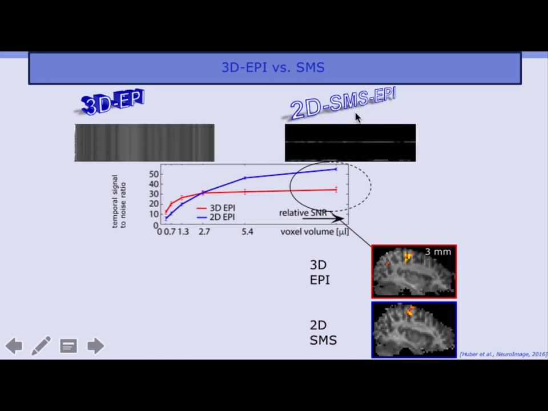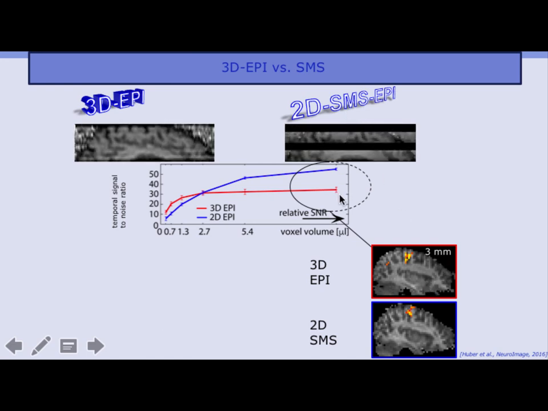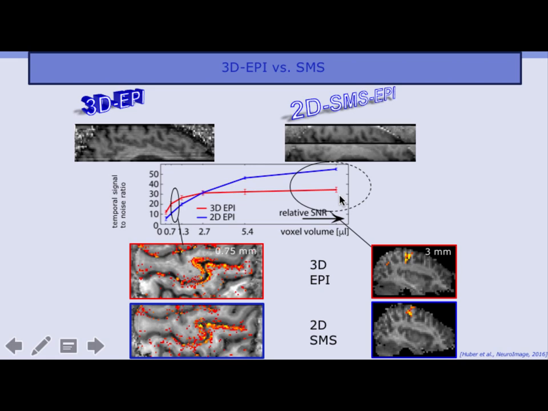And there, SMS seems to be better than 3D EPI. At very, very high resolution, we are much more in the thermal noise-dominated regime, meaning that most of the fluctuations are actually coming from the detector, from the scanner itself. And there, 3D EPI seems to be better than 2D SMS. And you can nicely distinguish these laminar patterns in the red 3D EPI compared to the blue SMS 2D EPI.